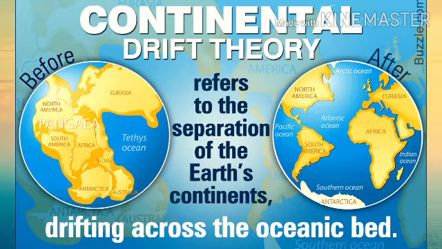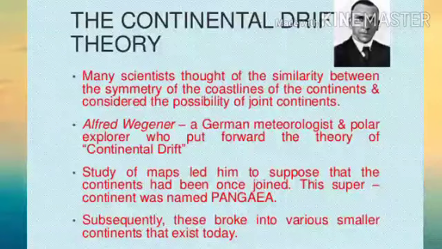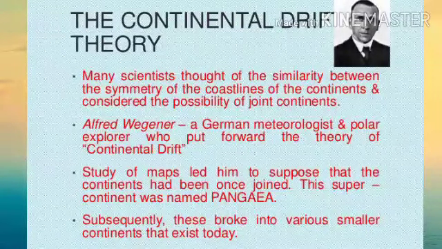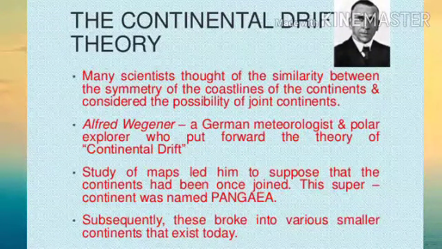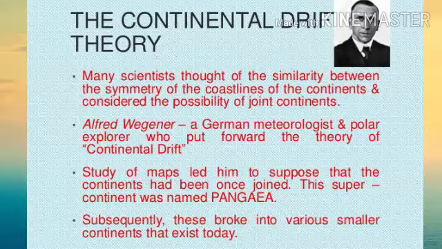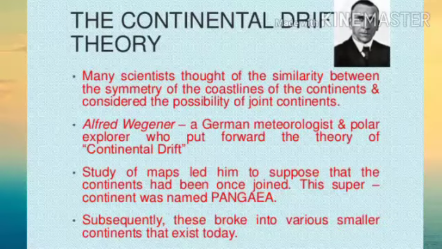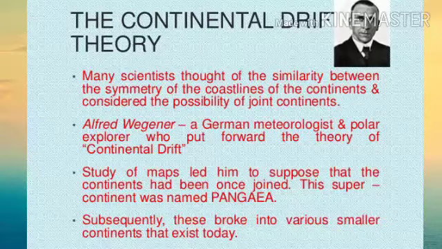So students, today we will see our first major topic, which is drift theories. The continental drift theory by Wegener assumed all the present continents to have risen by the breaking and then drifting of the components of the supercontinent Pangaea.